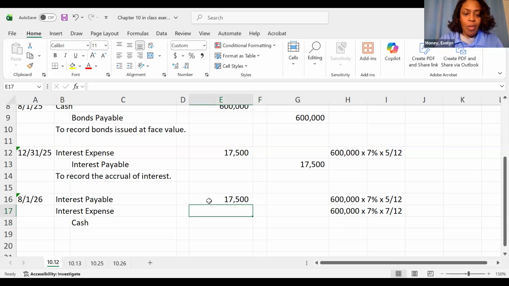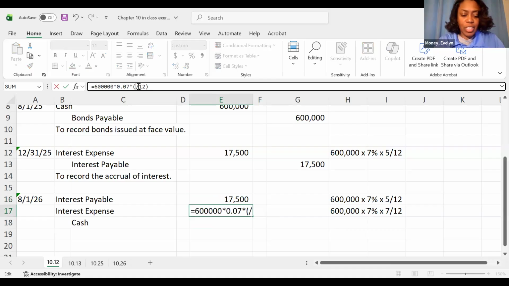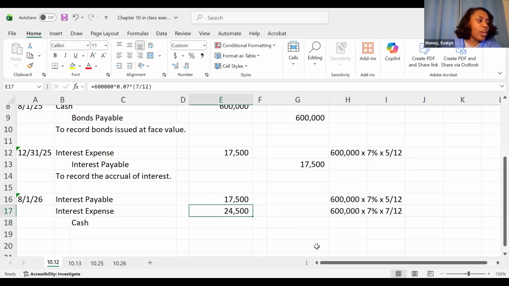So now, I'm going to be lazy and copy and paste my formula again and just change that 5 to 7. We get 24,500 as the interest expense.